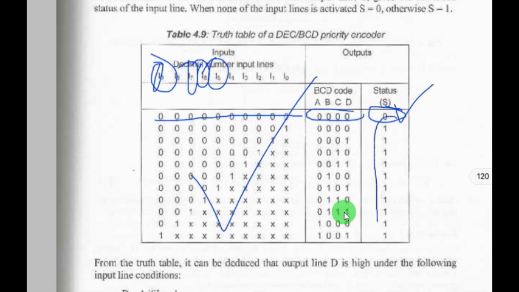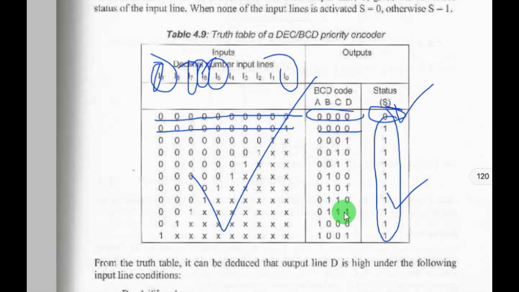Otherwise, at least one is activated, and the status bit remains 1. So when we want to output I0, this becomes the priority. The others are not prioritized, and the BCD code output becomes 000.